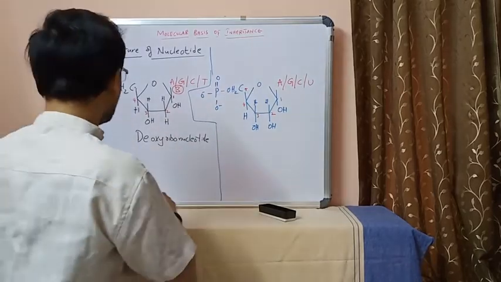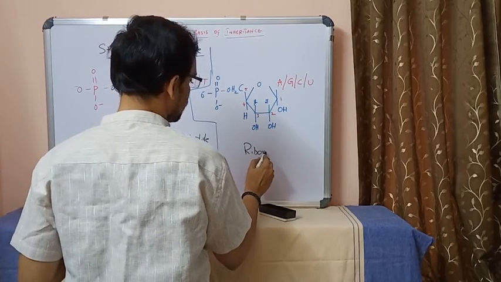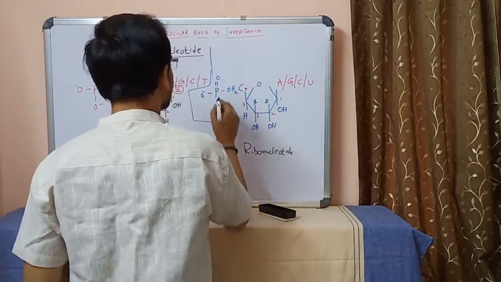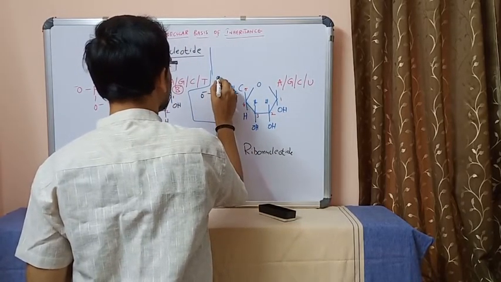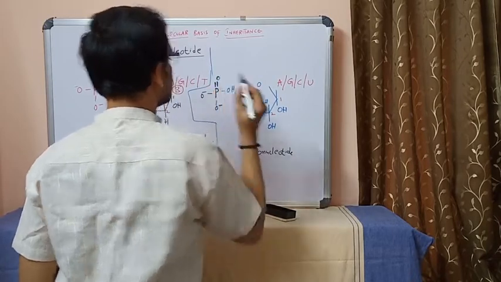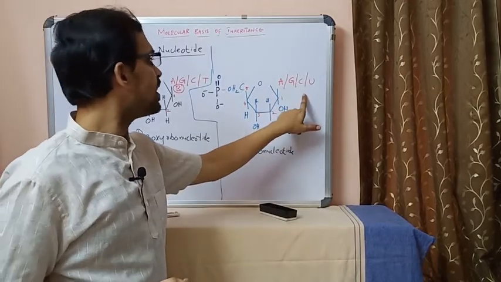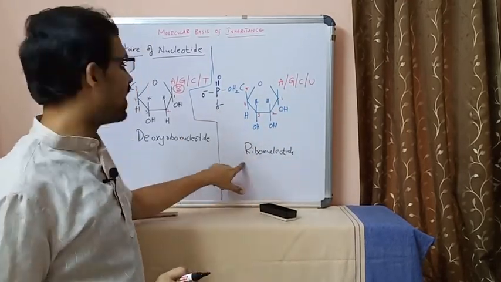Now this is the structure of ribonucleotide: sugar, base, phosphate.